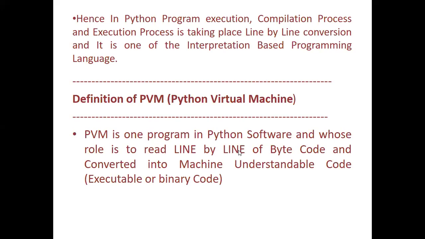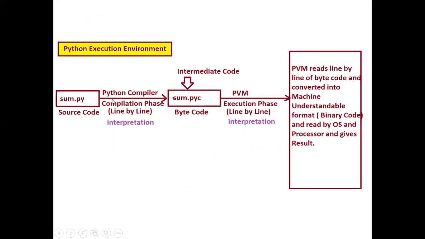Now, after this, can there be any error after the compilation process? Yes, when we are proceeding with the compilation phase, reading the code line by line, if any error is there, we will get the error displayed on the console.